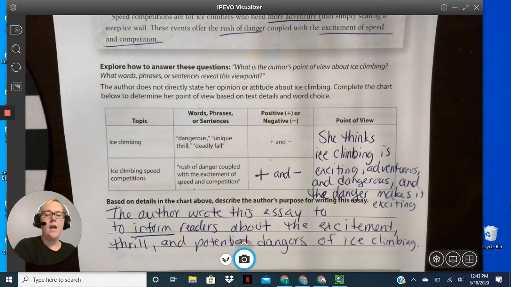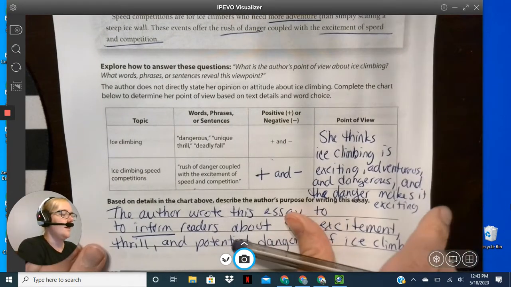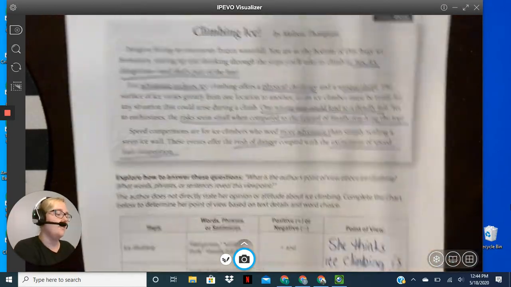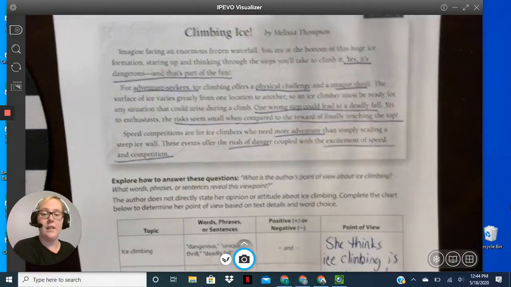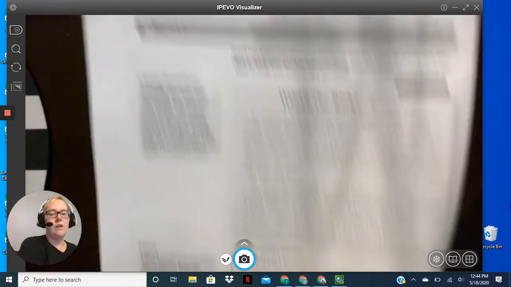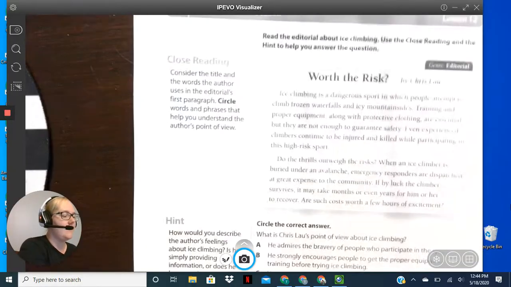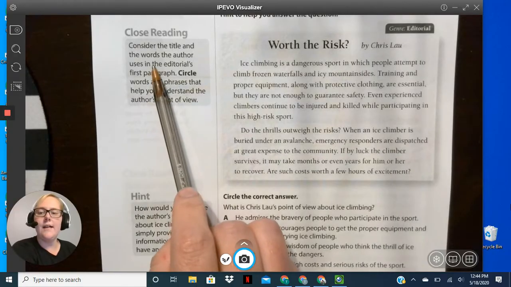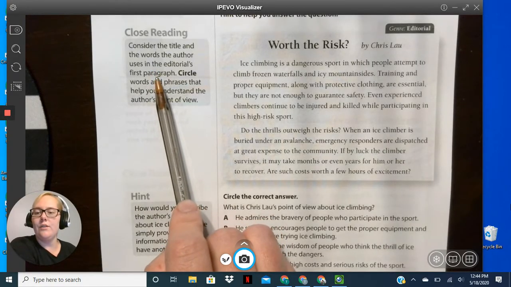All right. We're going to take a look at another article about the same topic and see if this author writes any differently or has a different opinion based on the information given. Okay, and whenever I have close reading, I like to pay attention to the close reading parts on the left. It says, consider the title and the words the author uses in the editorial's first paragraph.